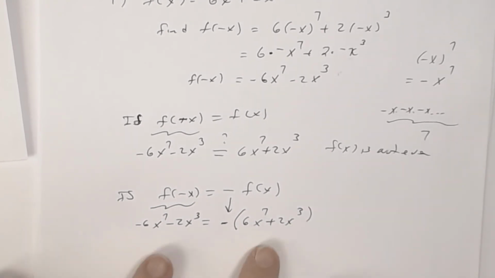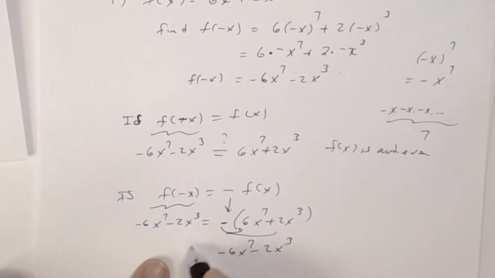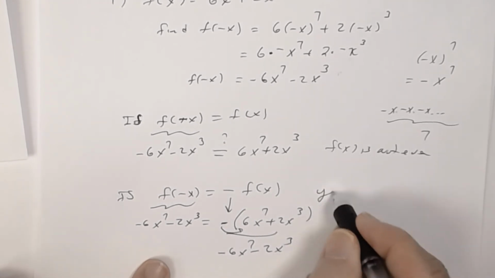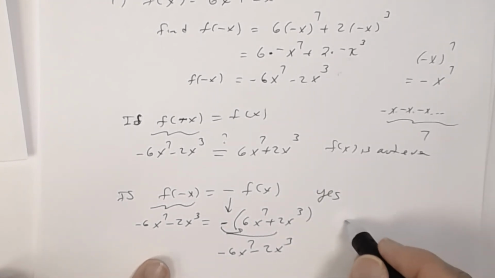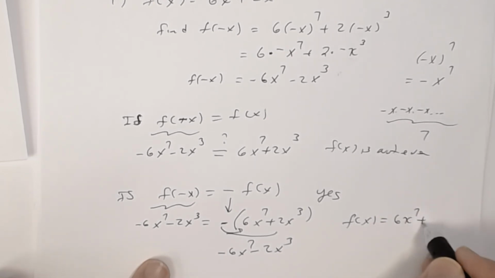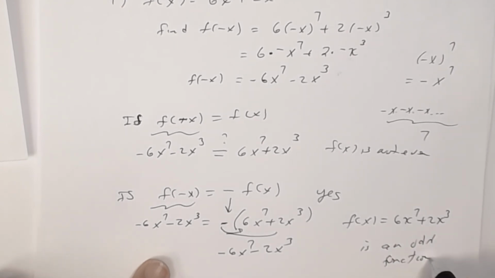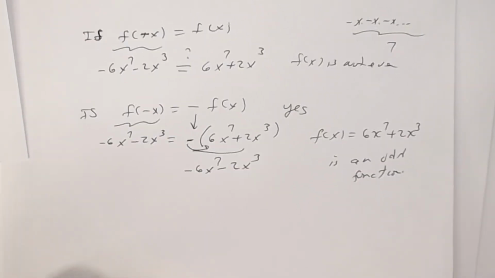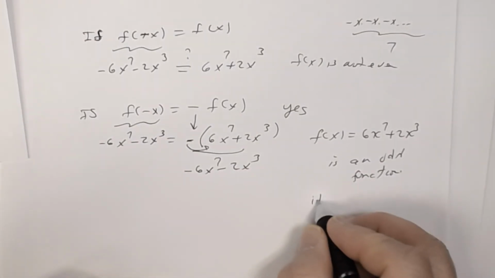Are these the same? Yes. Because if I distribute, I get negative 6x to the 7th minus 2x cubed. So those are the same. So that means that f of x, which equals 6x to the 7th plus 2x cubed, is an odd function, which means that it is symmetrical about the origin.